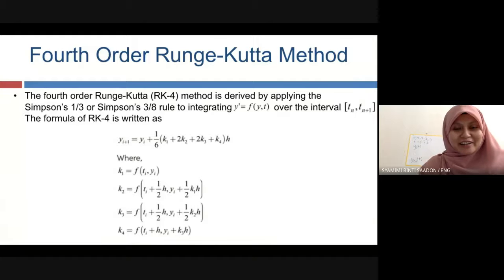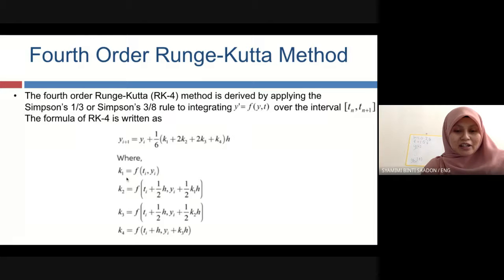And then the final one is the fourth order Runge-Kutta method. The fourth order: yi plus 1 over 6 of k1 plus 2 k2 plus 2 k3 plus k4, times h. This time the h is included behind.